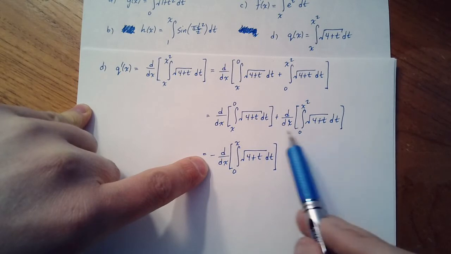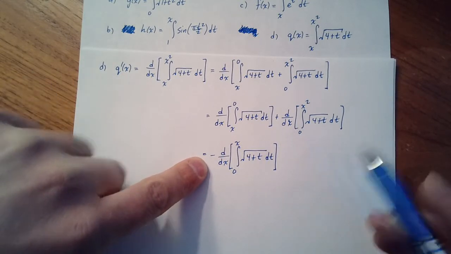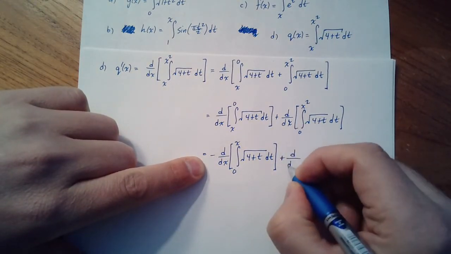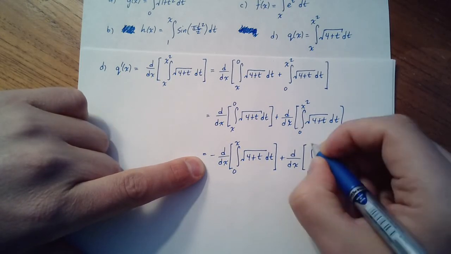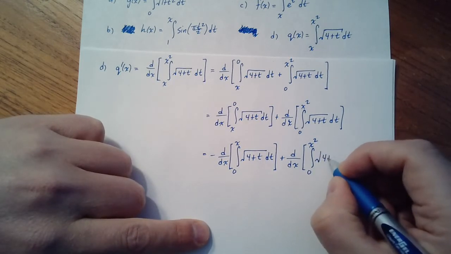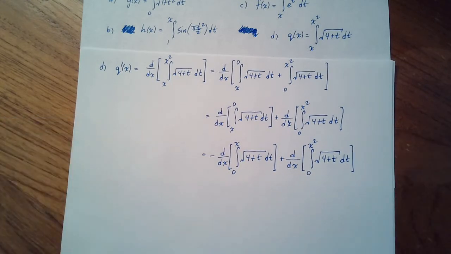Now, the second one here, the lower endpoint is constant, right? That's no problem. The lower endpoint is supposed to be constant, but the upper endpoint looks a little different than what we're used to seeing. It's an x squared instead of just an x. So it doesn't immediately fit the form of the fundamental theorem of calculus, but that's okay too.